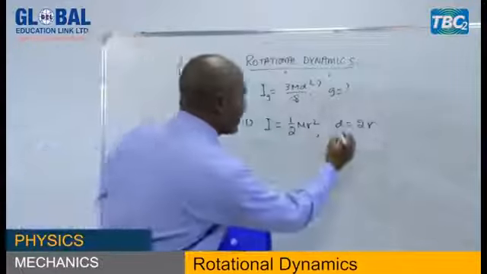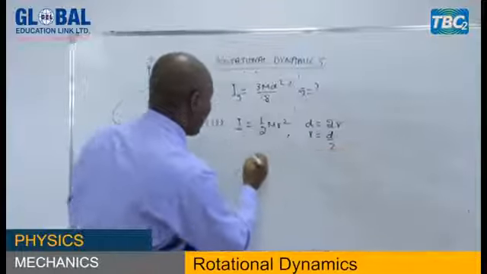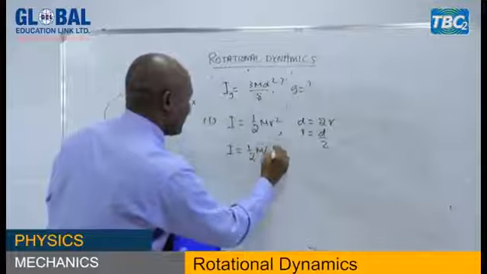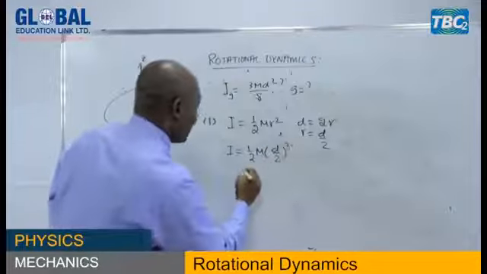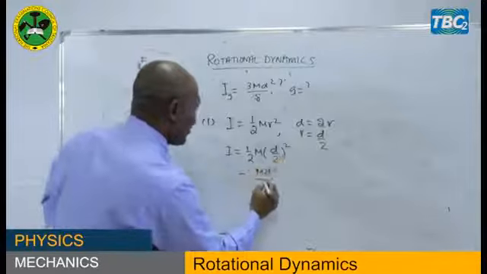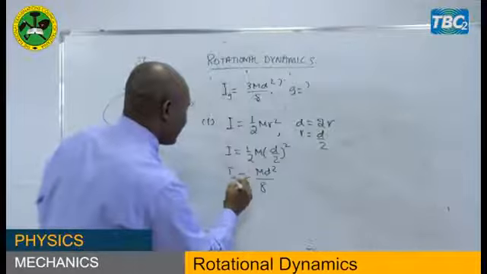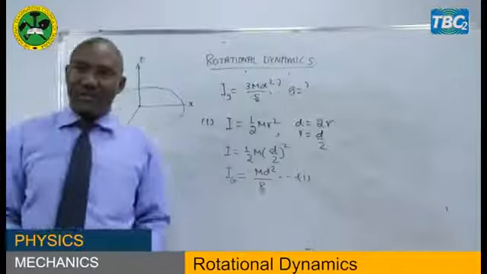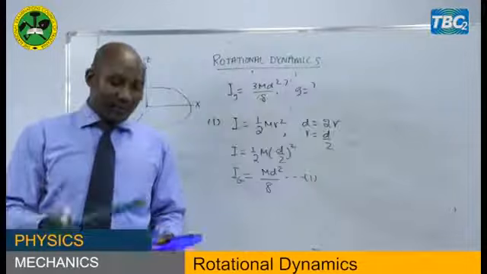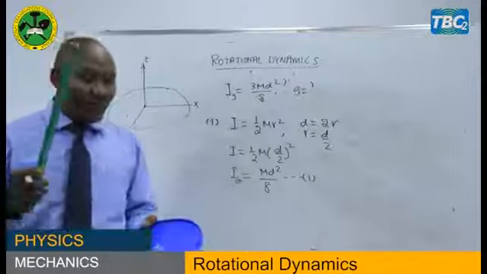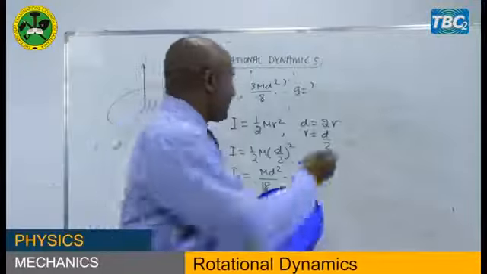Taking r as d over 2, we get 1/2 m (d over 2) squared, which gives md squared over 8 about the center. Are we getting the same answer? No, that's not the correct answer. It's not passing through the center of gravity. We go to another alternative.